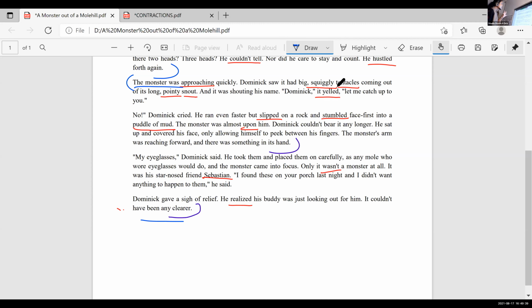The monster was approaching quickly. Dominic saw it had big, squiggly tentacles coming out of its long, pointy snout, and it was shouting his name.